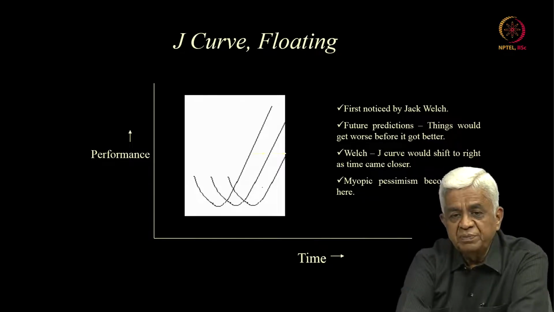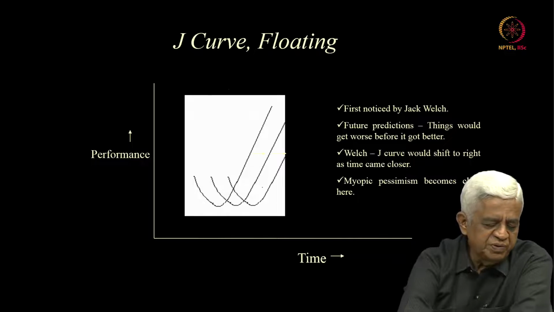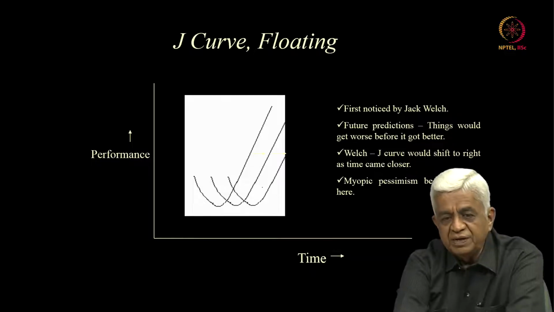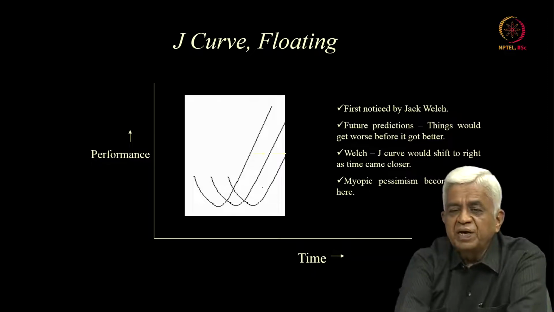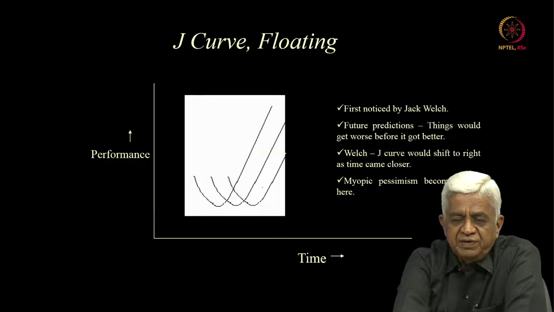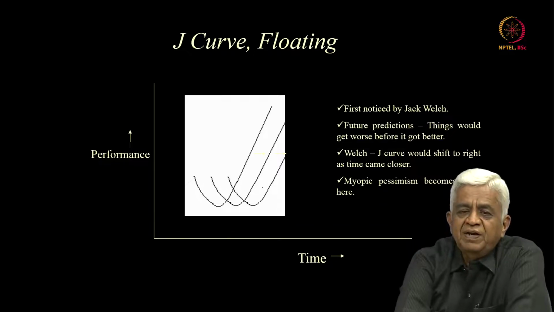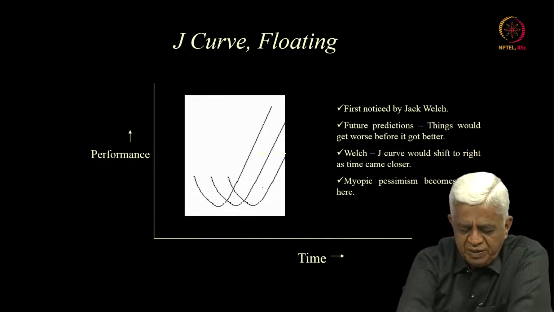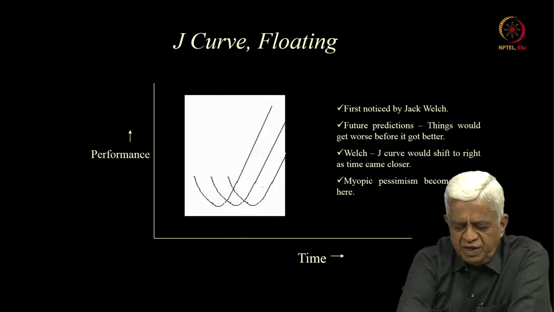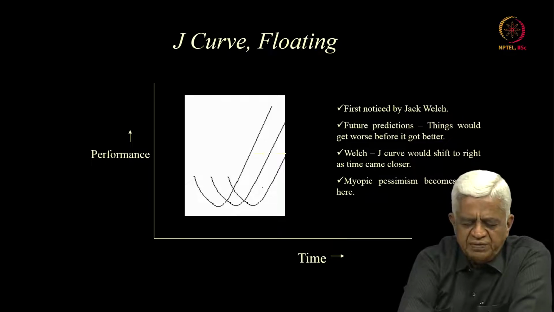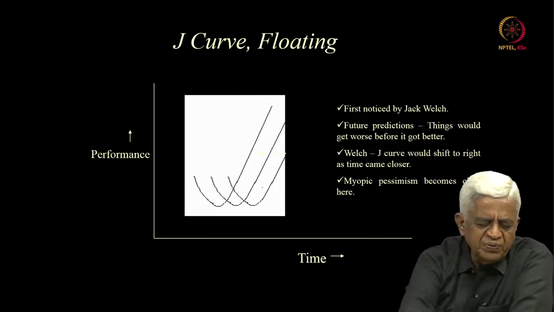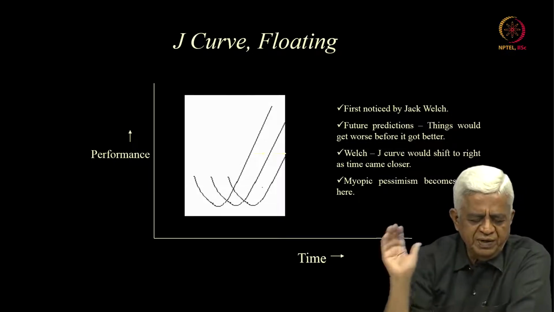So, he was the first person to say that suppose something goes very bad, do not become panicky in an organization, possibly it will get better. So, J curve would shift to right as time came closer, that is, it goes to this side.